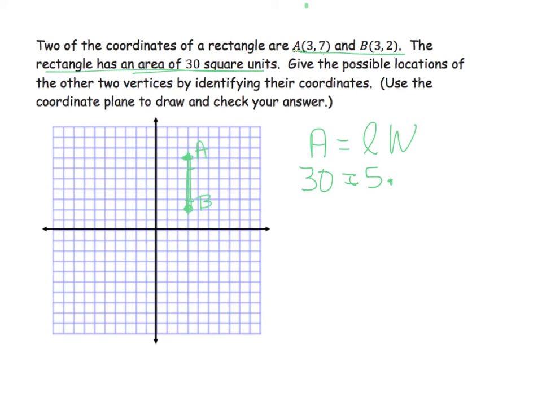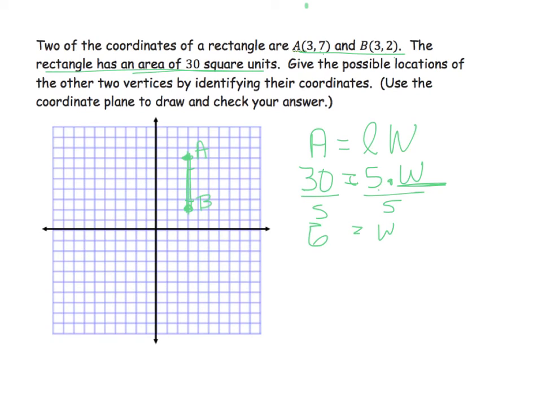So if we are trying to find our width, how long does the width have to be? Well, 5 times 6 is 30, or we could use solving equations, inverse operations. It's multiplied, so we're going to divide. So we know that it has to be 6.